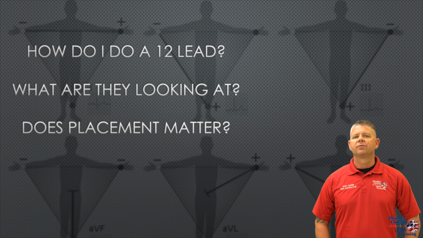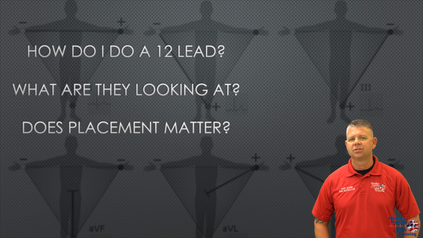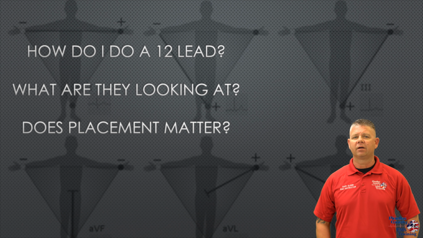These limb leads give you 3 different lead views: lead 1, lead 2, and lead 3 on your EKG. There's also augmented leads. These are unipolar limb leads. These leads are augmented view, hence the term AV. They look from the right, the left, and the foot, which indicates a placement of the positive lead. Leads originate from the CT, which is called the center terminal. This is the center of the heart.